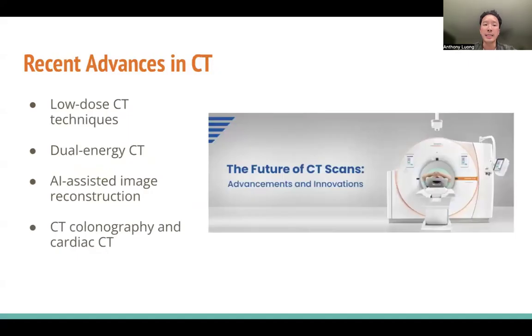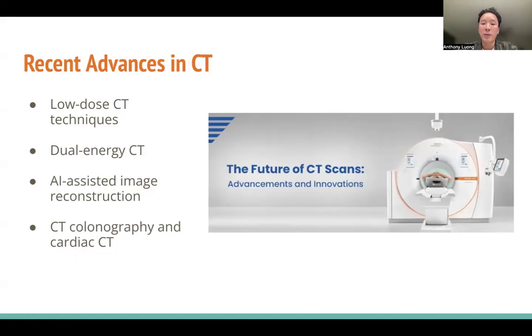Recent advances in CT: you have low dose CT techniques, dual energy CT, AI assisted image reconstruction, and lastly, CT colonography and cardiac CT. CT scanner technology has advanced so much over the years, resulting in faster, safer, and more accurate diagnostic imaging.